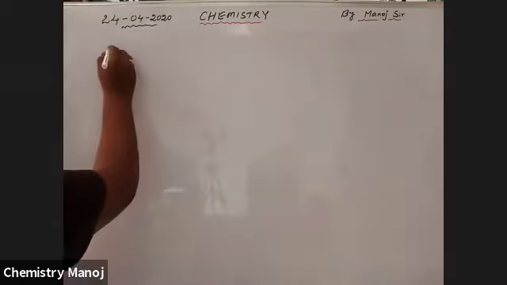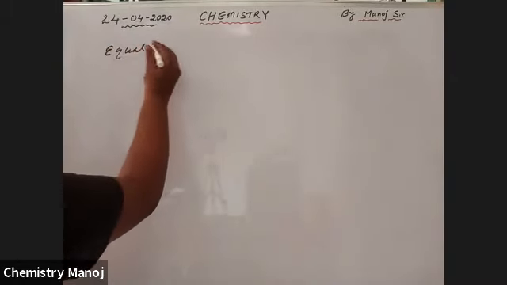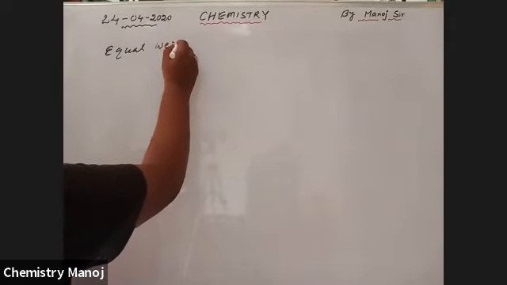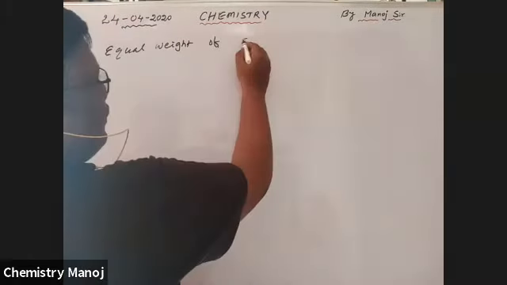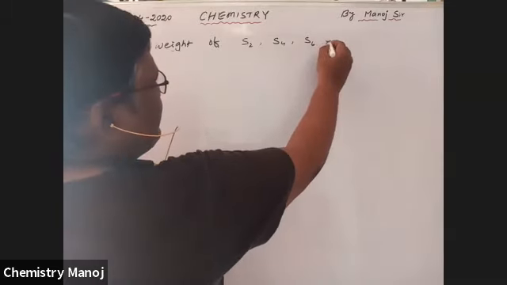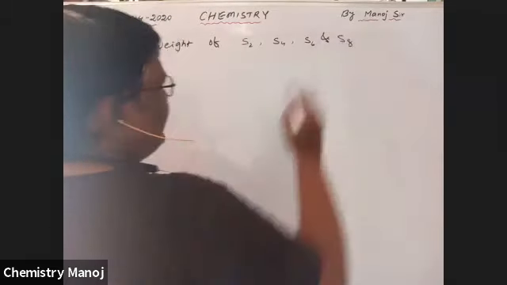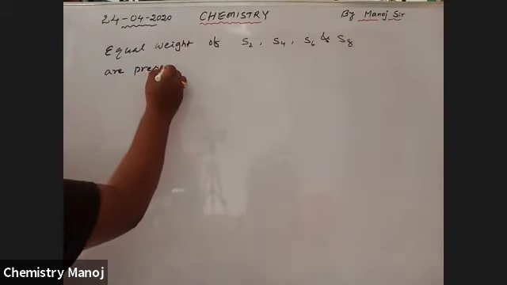Equal weights of S2, S4, S6 and S8 are present in different flasks.